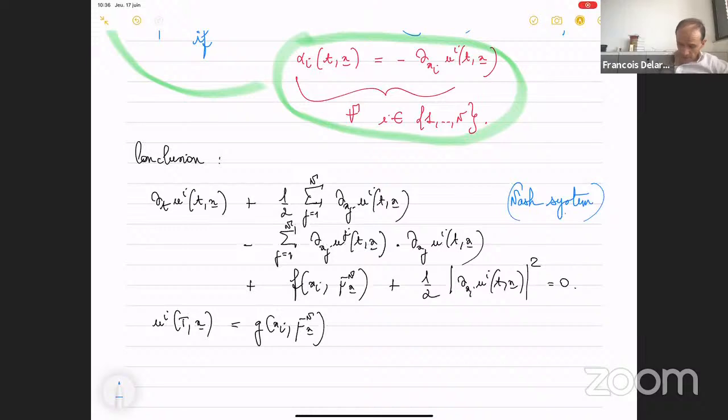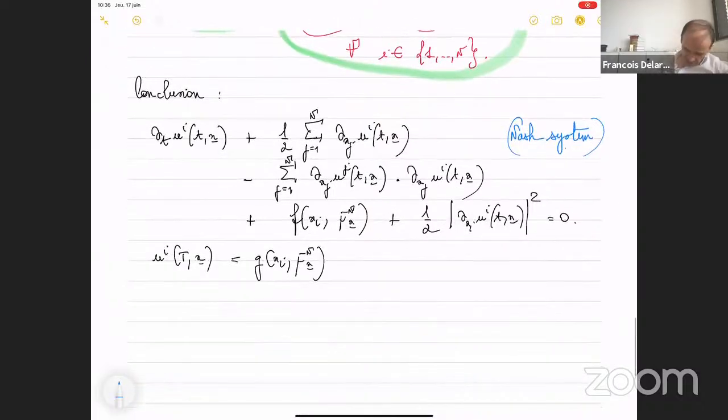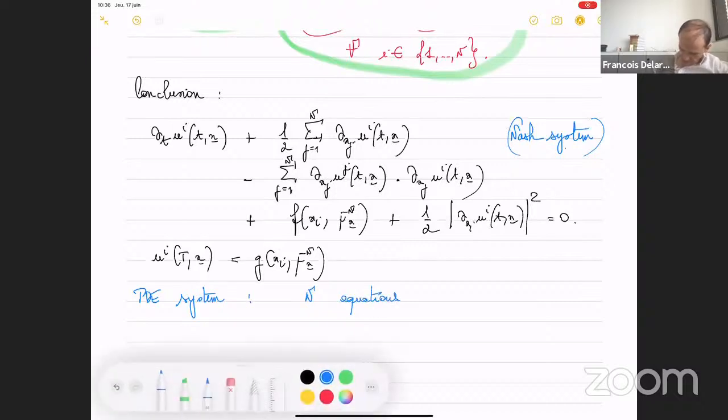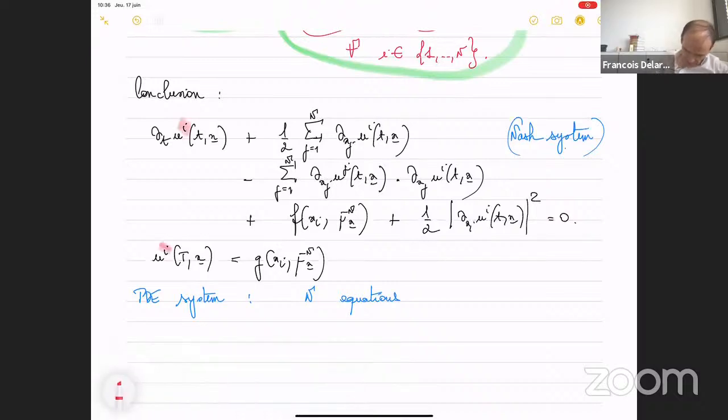Now, some question. You could say, can we solve this PDE system? So yes, the very first thing I would like to say is that this is a PDE system, so you have capital N equations. Why capital N? Because the indices i that you have in the equation are running from 1 to n.